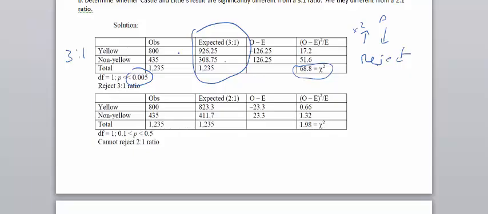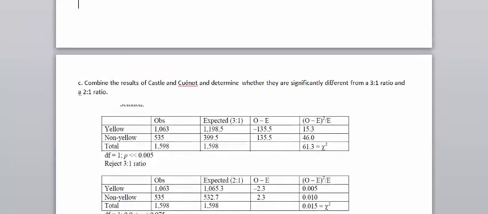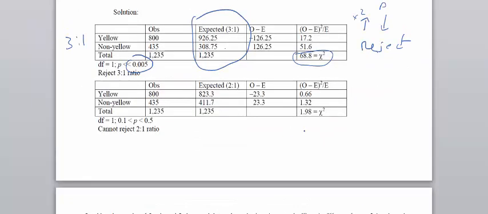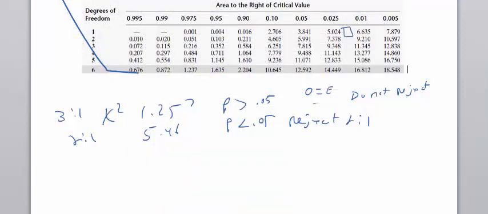This one, however, if you test a 2-to-1 ratio in this case, you get a chi-square value of 1.98. Look it up in the chart. Let's go look it up, 1.98, 1 degree of freedom. 1.98 is somewhere in here.